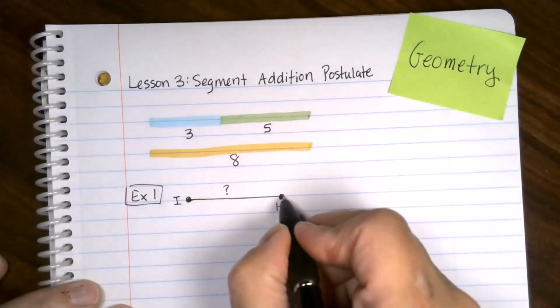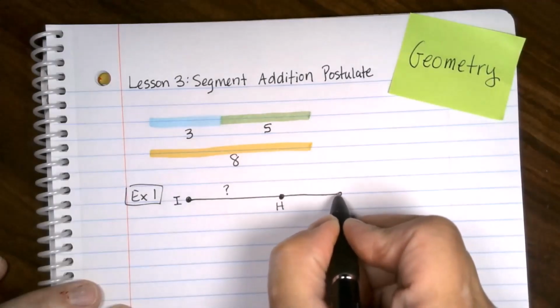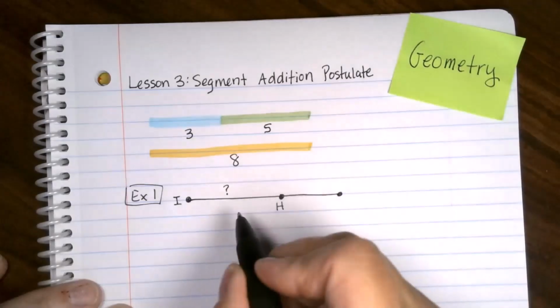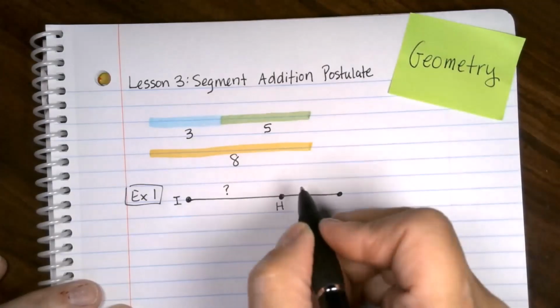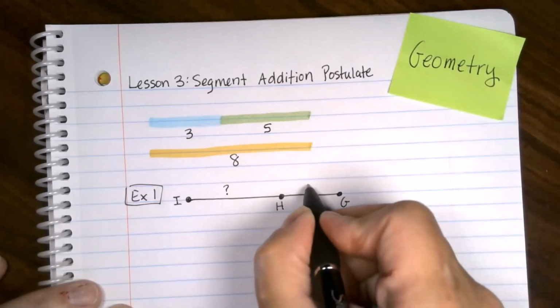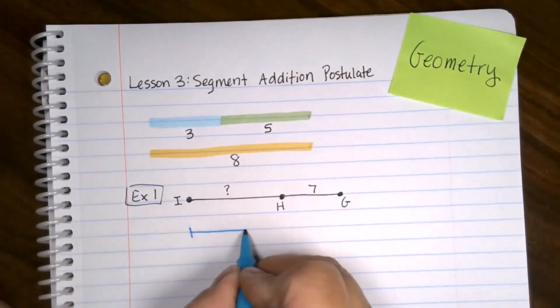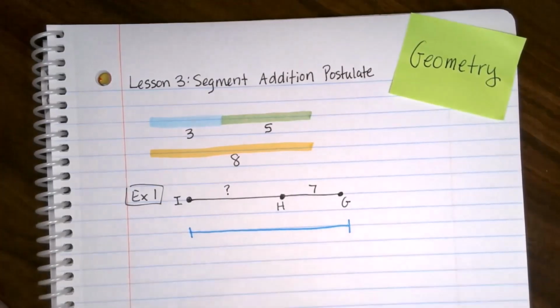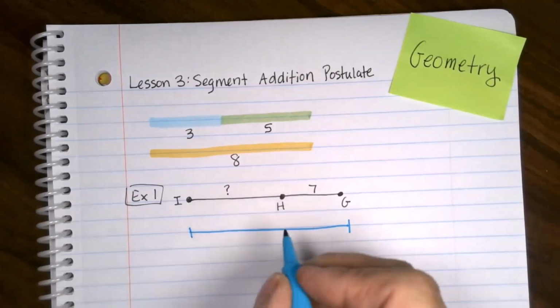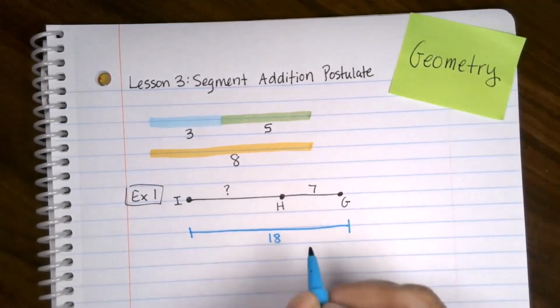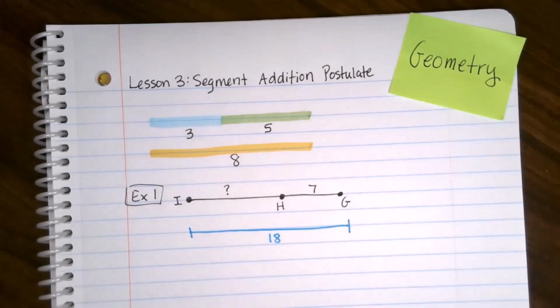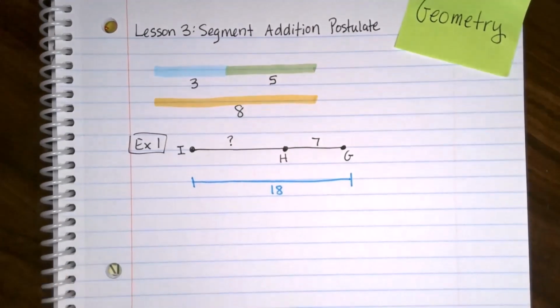I have another segment next to it that goes from H to G, and it is 7 units long. And I'm told that the distance from I all the way to G is 18. Whether I'm shown that in a diagram or I'm told that with words, that's what it means, that the whole thing is 18.